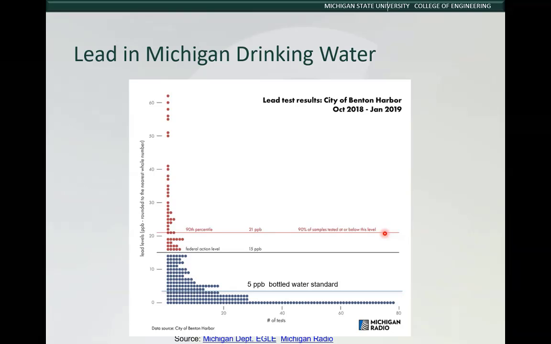So they had not achieved optimal corrosion control at this point in time. The bottled water standard is actually 5 parts per billion. Bottled water is not regulated by EPA. It's actually regulated by the Food and Drug Administration, but they have a different standard from drinking water.